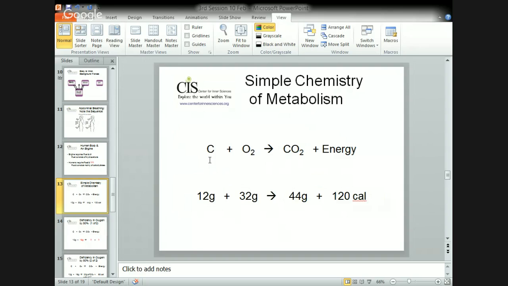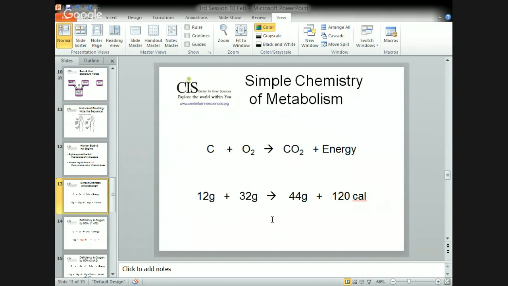I have put some numbers here. These are called atomic weight and molecular weight, not going into complexities. Just trying to say that 12 gram of carbon requires 32 gram of oxygen for its complete combustion, so that it gives out its inherent energy.